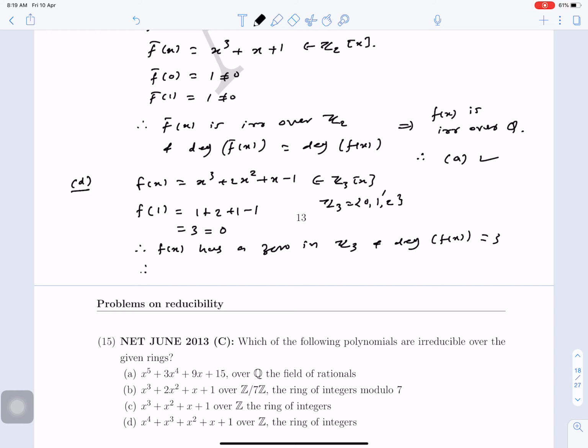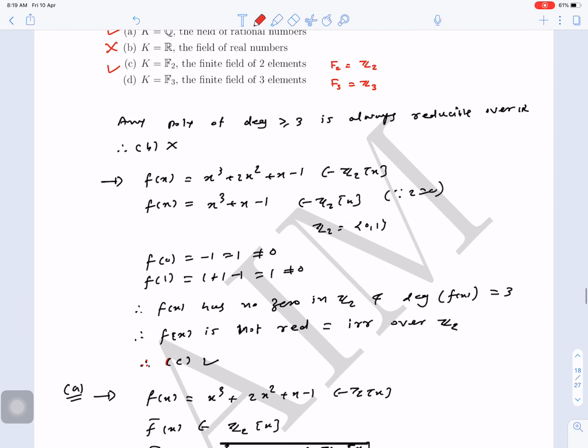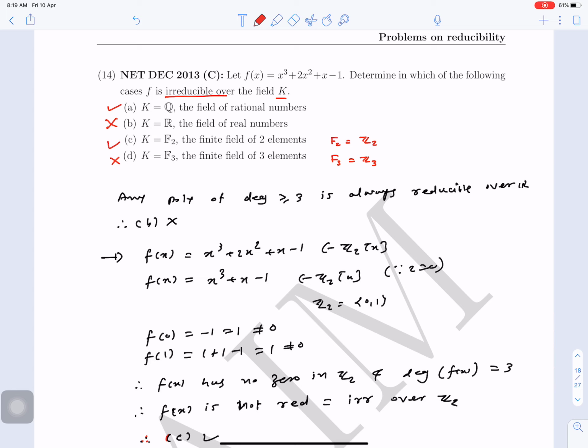So therefore f(x) is reducible over Z3, and it gives me that option D is wrong.